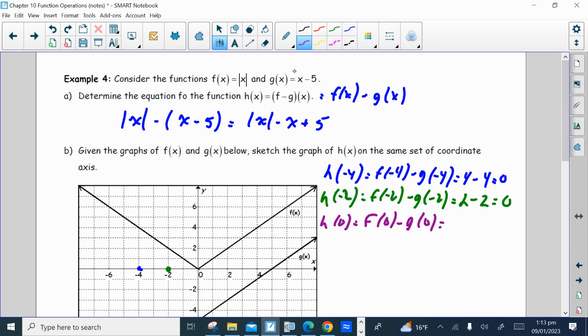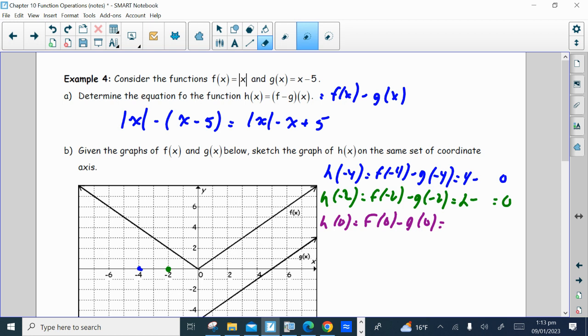So let's fix that. G at negative 4 would be negative 4 take away 5, which is negative 9. So I apologize for that. I was using the graph of f for my g values when I was looking at the graphs.